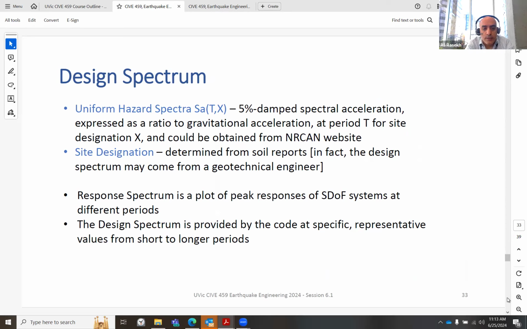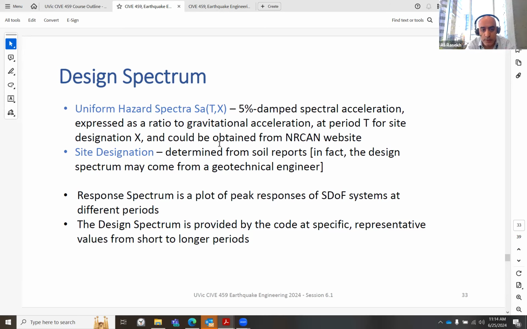Now going to design a spectrum. That is a very important plot or diagram that the code provides to you. We discussed the spectral accelerations as a result of any earthquake. However, the primary method of analysis and design has been in codes for many years, that the code provides a recommended design spectrum, which means the spectrum they recommend we use for the design.